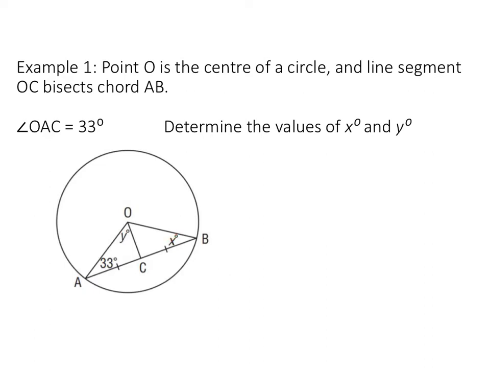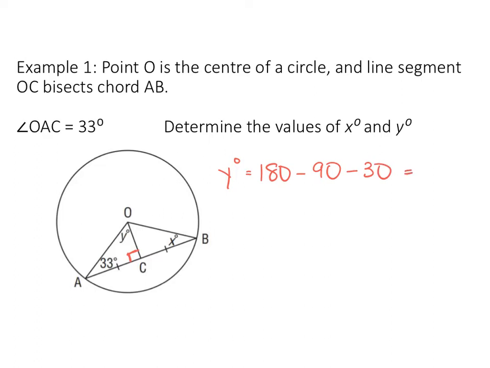Well, there's a couple of different places that we can start, but let's start with Y. So remember, if we have our bisector, it means that that right there is a 90-degree angle. So angle Y is going to be equal to 180 degrees minus 90 minus 30.